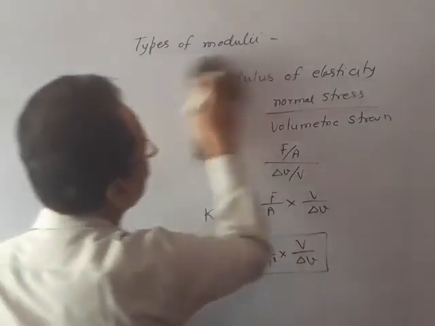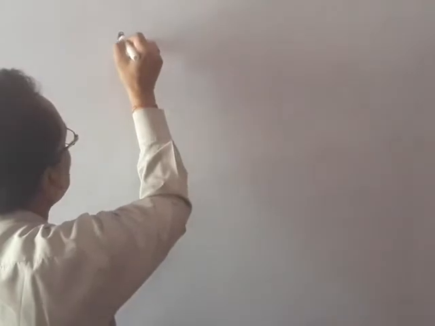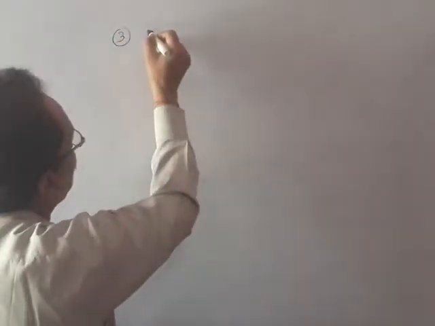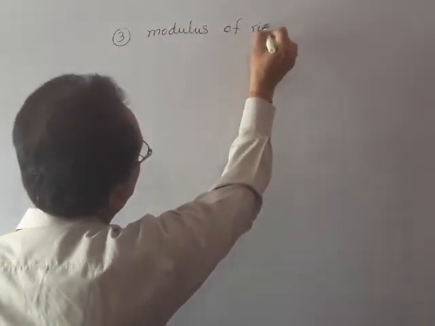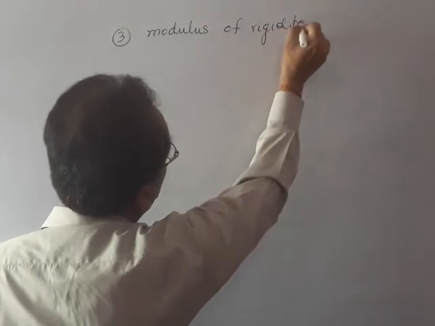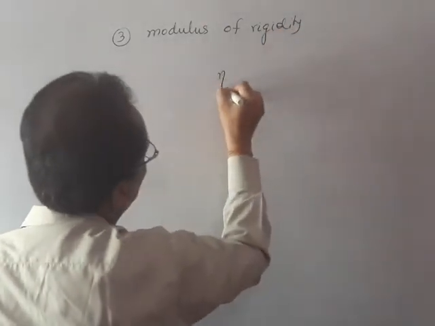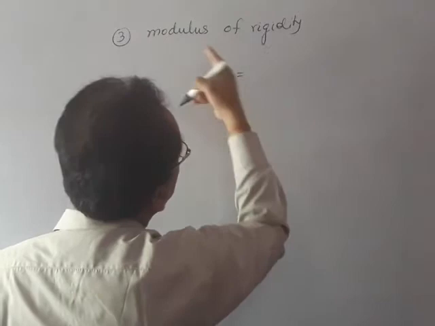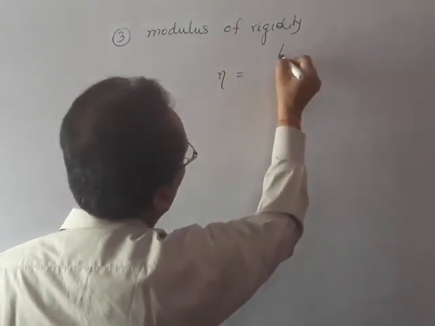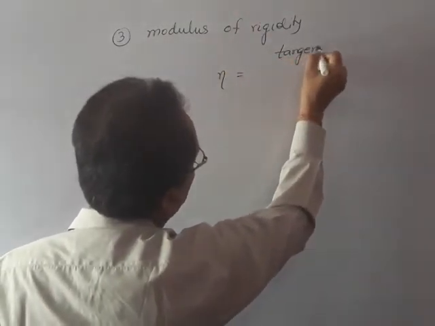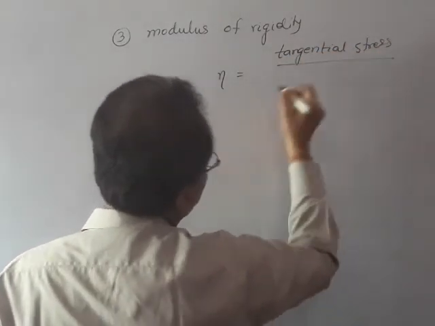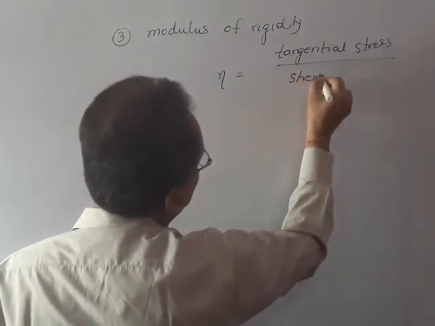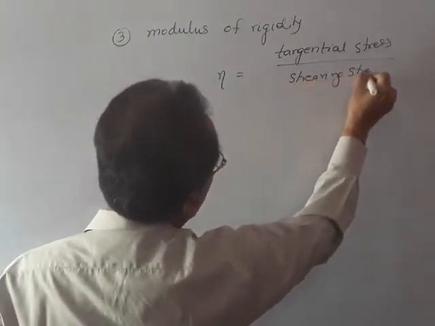And next, the third one is the modulus of rigidity. It is represented by eta, and modulus of rigidity is the ratio of tangential stress to shearing strain.